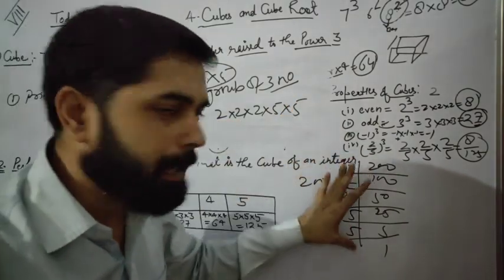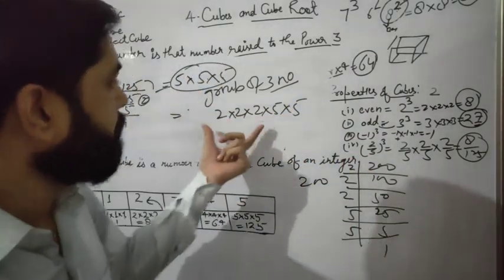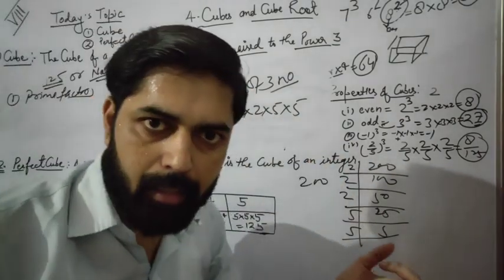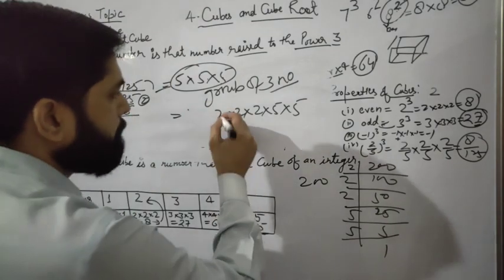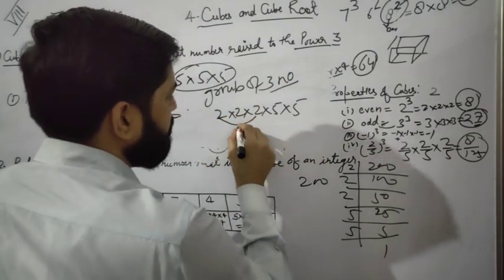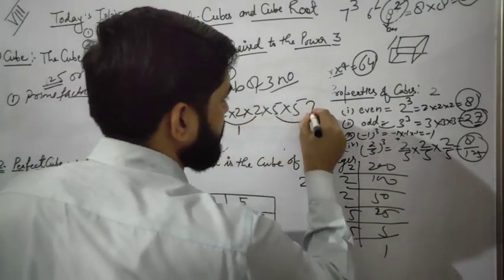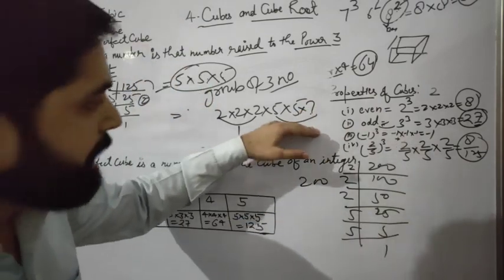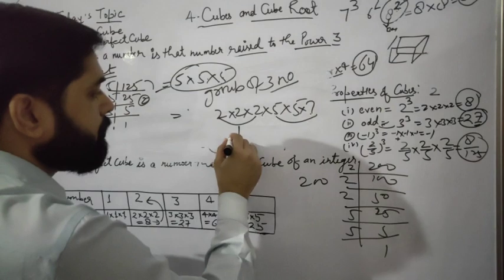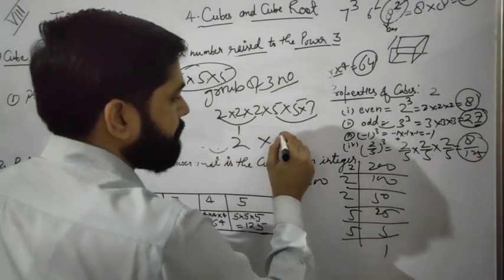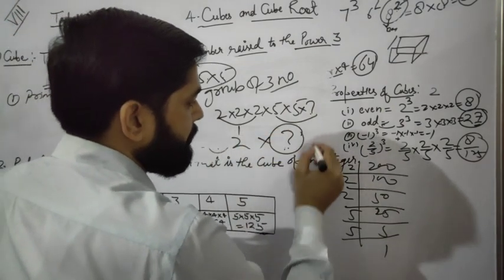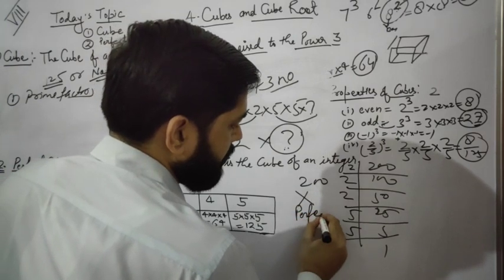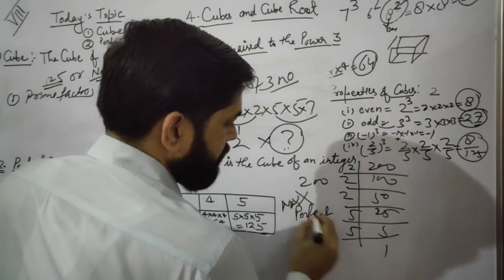First prime factor, then second, we make groups of 3 numbers. बनाओ group of 3 number का. First group. अब इसके पास one number is left. एक number नहीं है. So there is no. So 5... this means 200 is not a perfect cube.